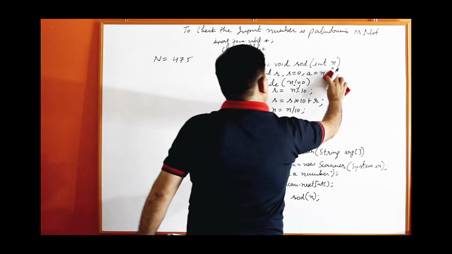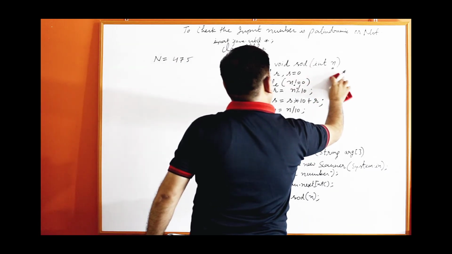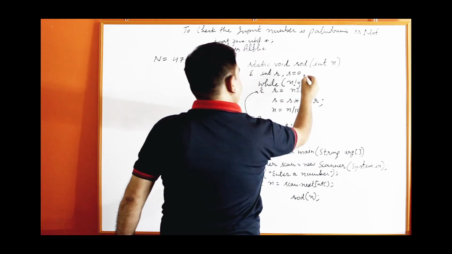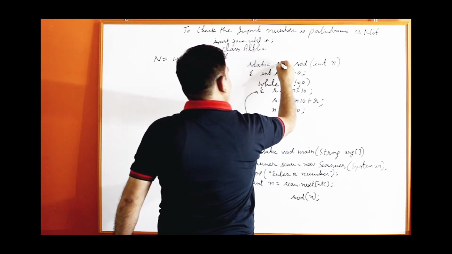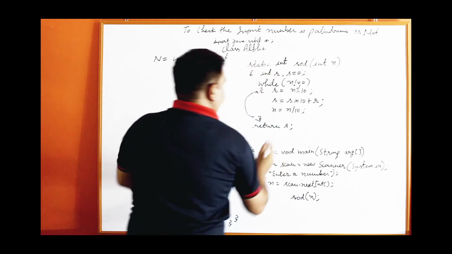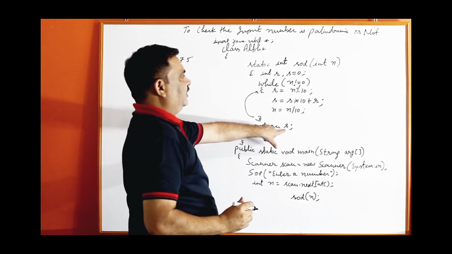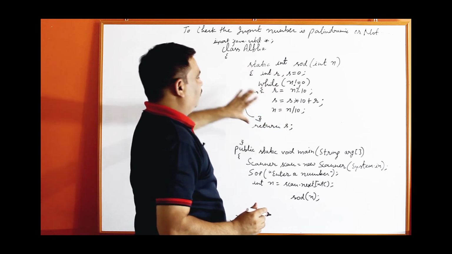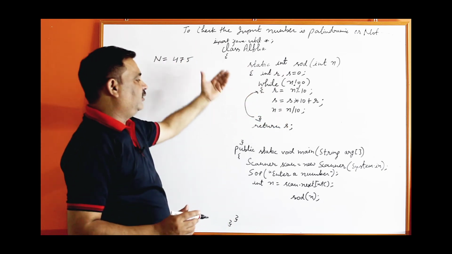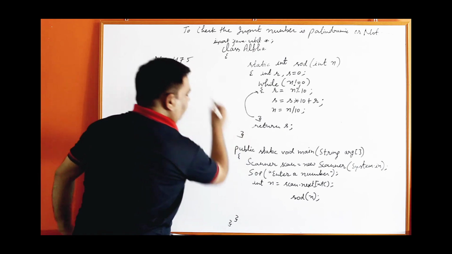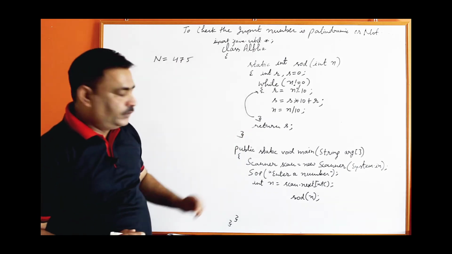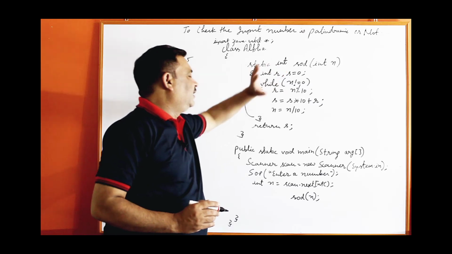I am not using the variable a right now. In place of void, what do you have to write? Int, the return type. The data type of s is integer, so we have to write int, because now we are going to return an integer value from this function.